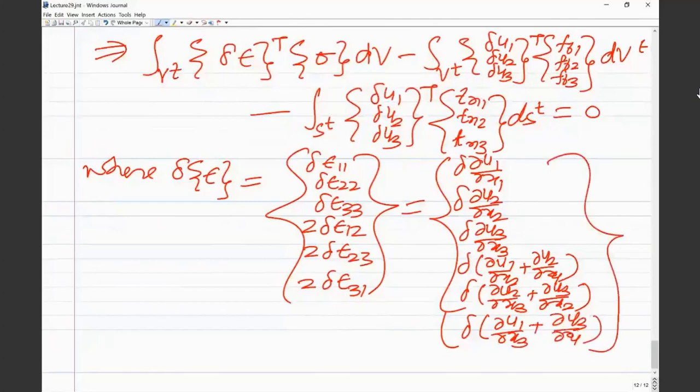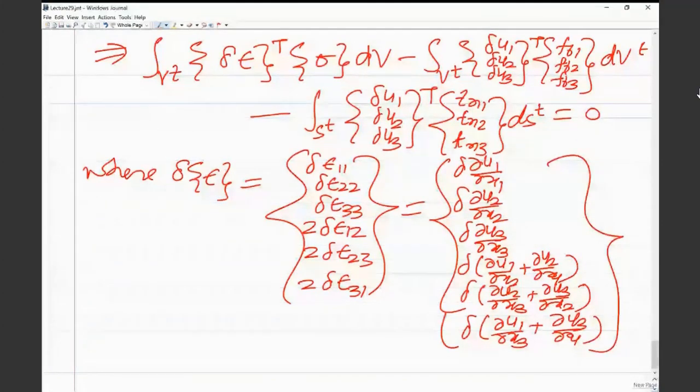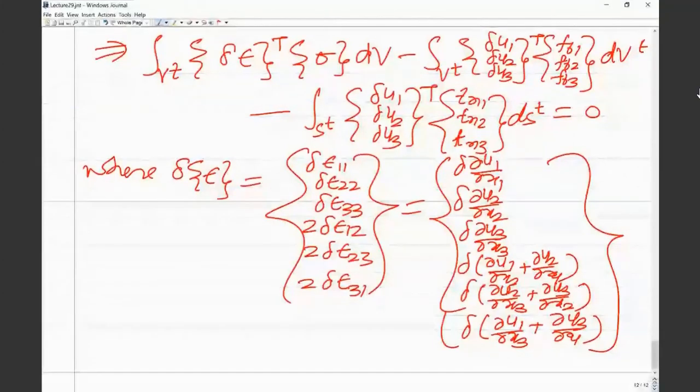These are the components of delta epsilon.